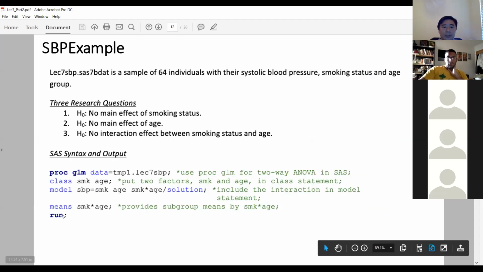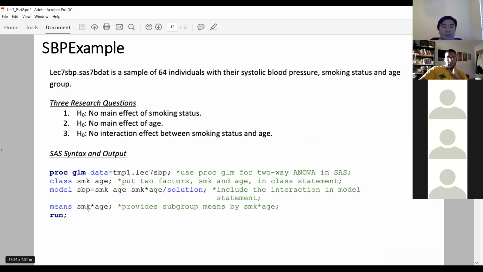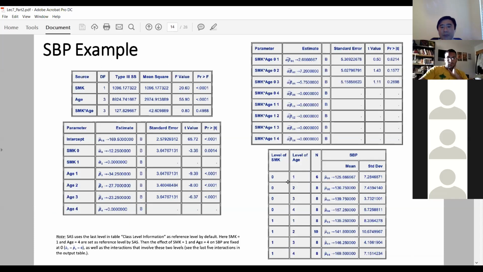So remember in the statement, we put this mean statement for the interaction terms or the interactions between smoking and age. And therefore it will give you all the combinations of smoking status with age. So you have 2 status for smoking and 4 for age, and there are going to be 8 different groups.